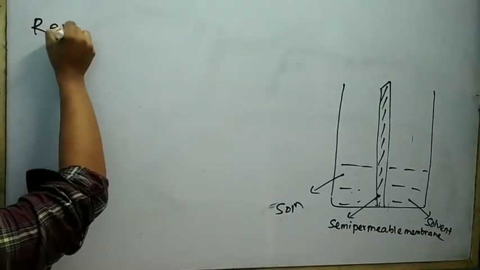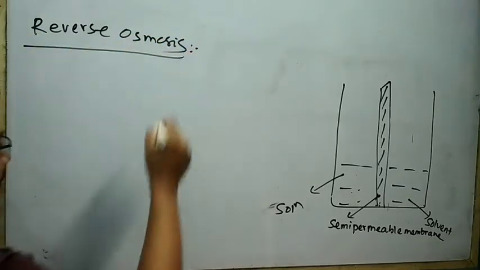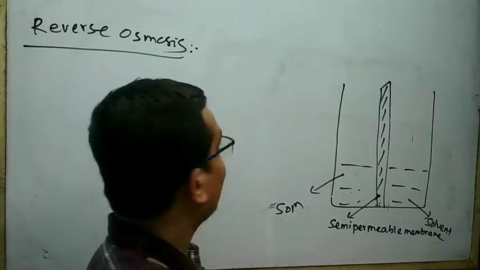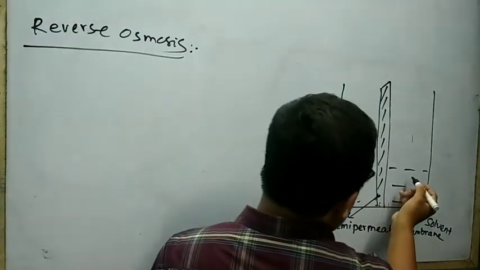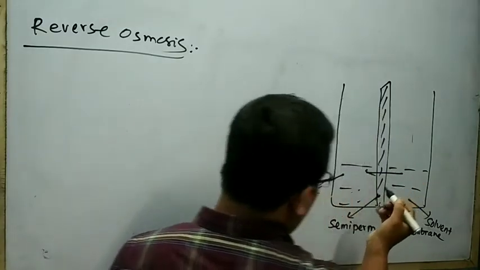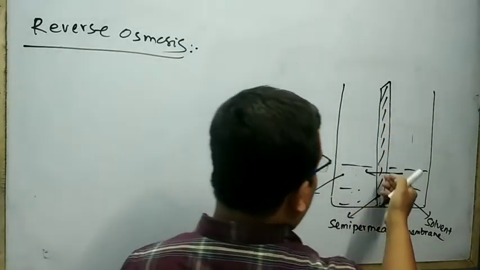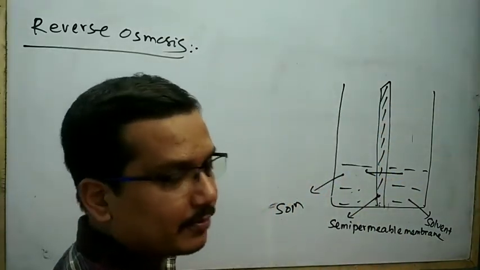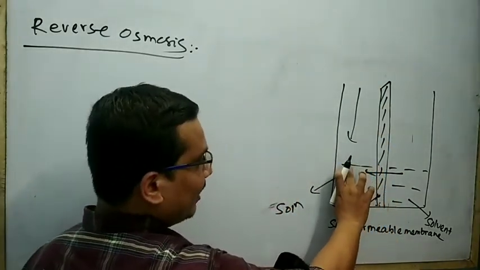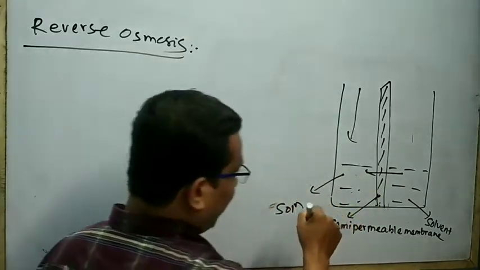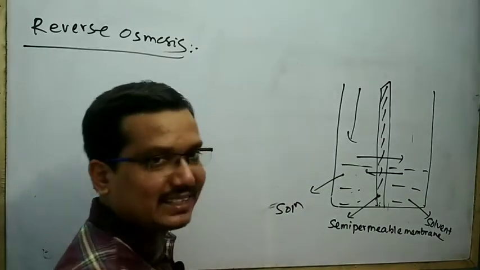Next I will discuss reverse osmosis. It is generally applicable in AquaGuard. Then what is reverse osmosis? Generally we know that the solvent molecules flow from this side to this side through the semi-permeable membrane. If I apply high pressure on the solution side, then the solvent molecules flow from the solution to the pure solvent side.